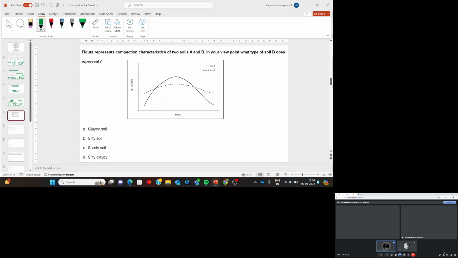Both curves depict density versus moisture content. So how do you know that the density of soil A is lesser than the density of soil B, and you have two types of curves? What will you infer from this?